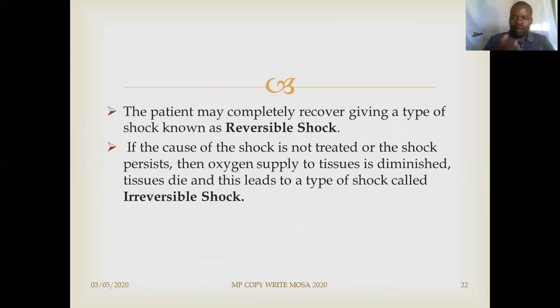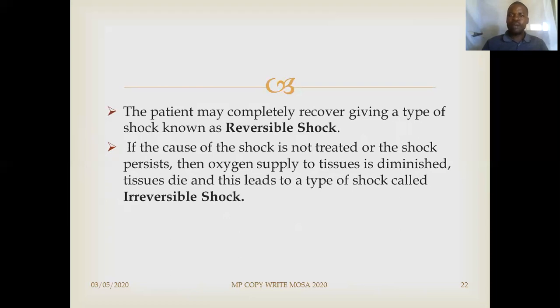So like what I've just explained, if someone goes into shock, physiologically the body undergoes vasoconstriction with the purpose of maintaining blood pressure. When blood pressure has been maintained, this leads to maintenance of tissue oxygenation. When there is maintenance of tissue oxygenation, tissue hypoxia is removed.